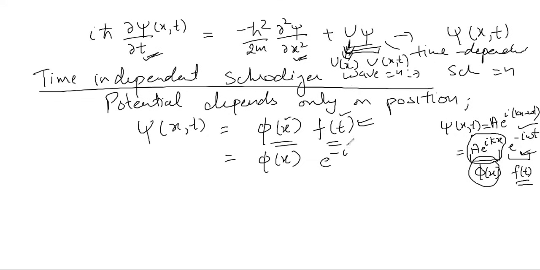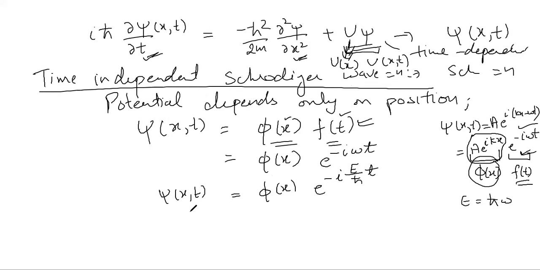This would still be e raised to power minus i omega t. That means I can write it further as psi is equal to phi x e raised to power minus, from yesterday's class, E is equal to h bar omega, so omega I can write as E over h bar, into t. This is my psi x t.